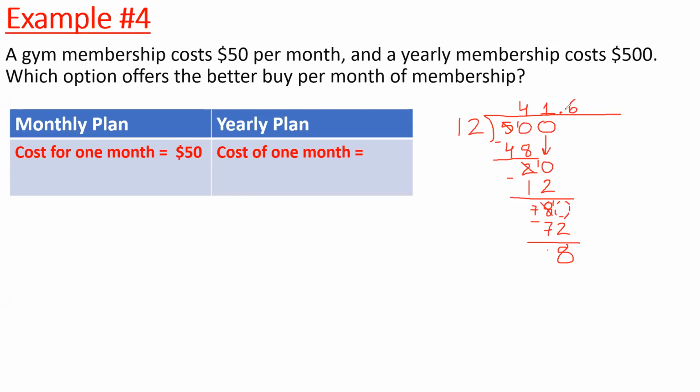Since we already have a decimal point, the decimal point gives us permission to do what? Add another 0.